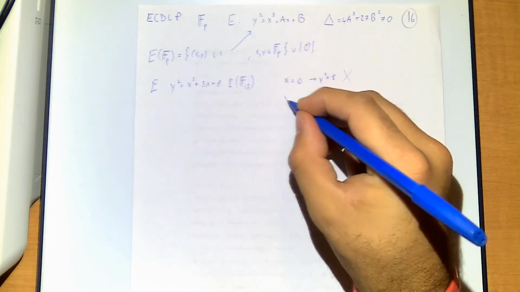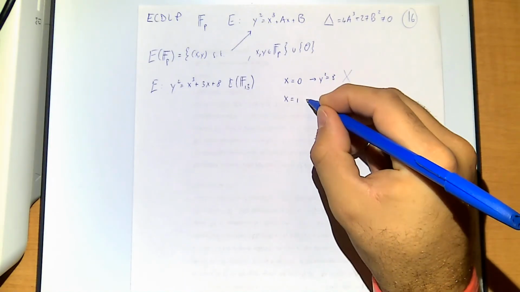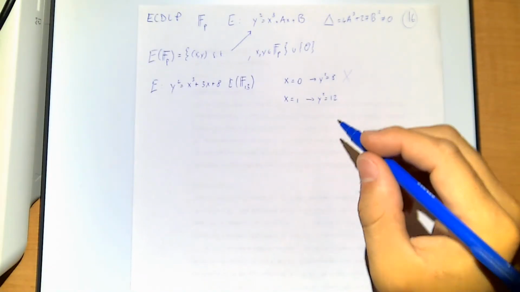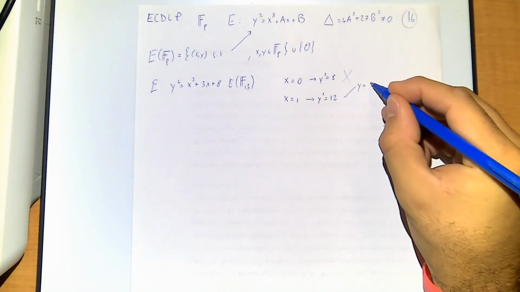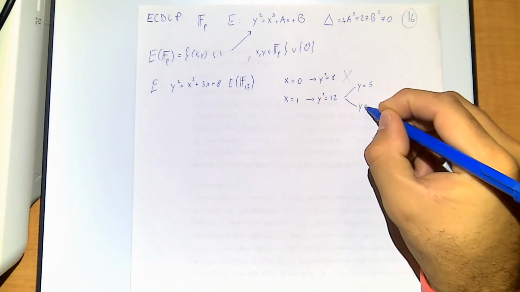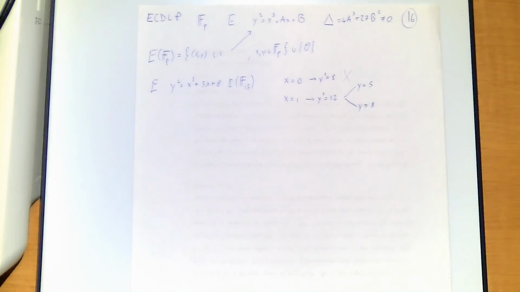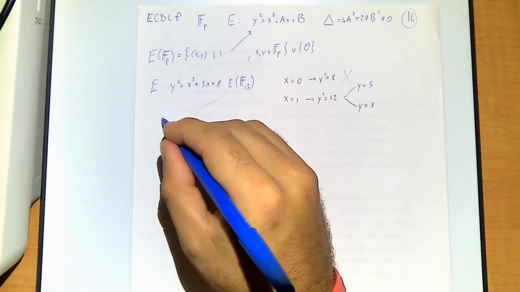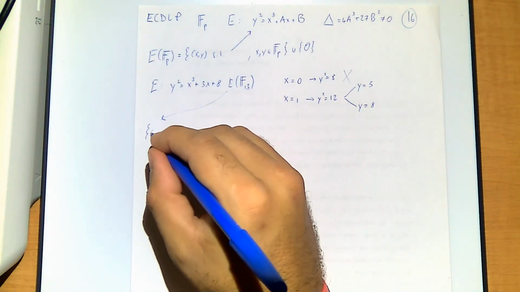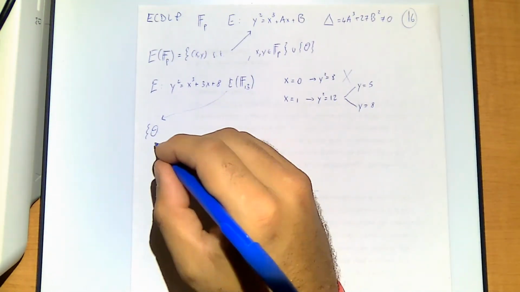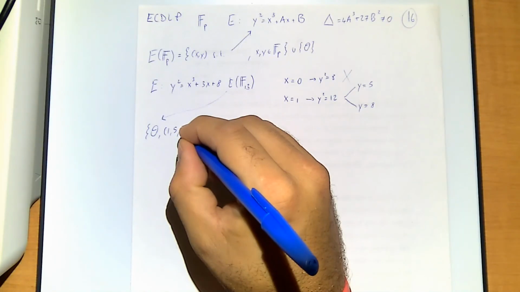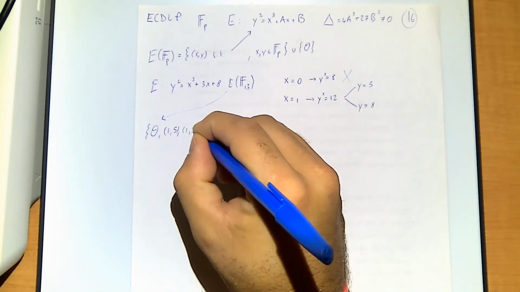On the other hand, if x is equal to 1, then this leads to y squared being equal to 12. And when we look for roots of this, we actually have two values, y equals 5 and y equals 8. So this leads us to 2 points. So this set of points of the elliptic curve consists originally of the point at infinity, for sure, and then we add (1, 5) and (1, 8).